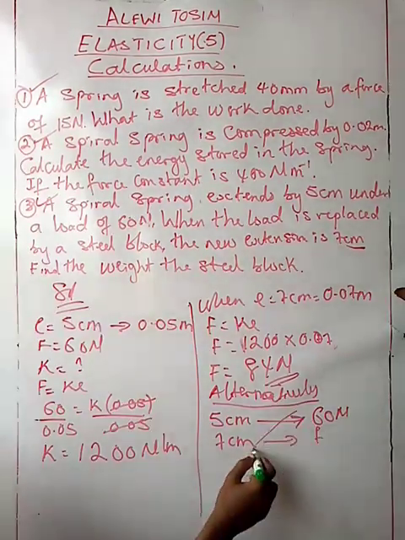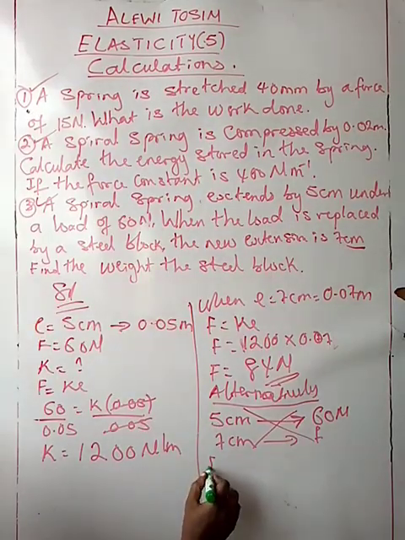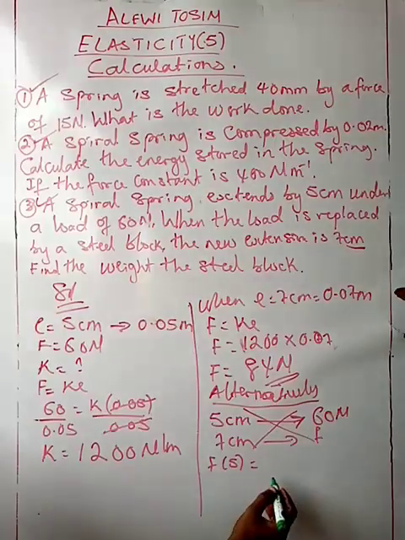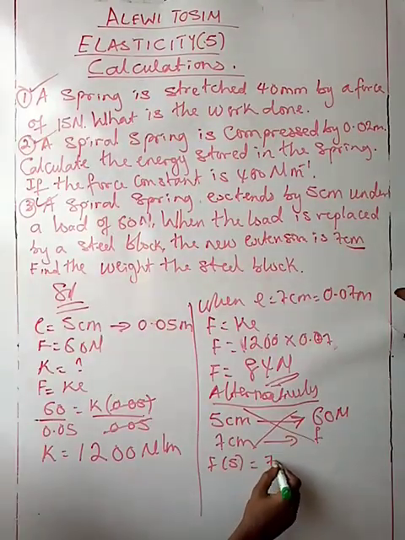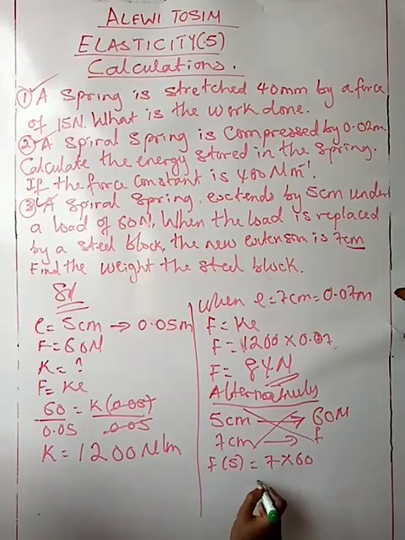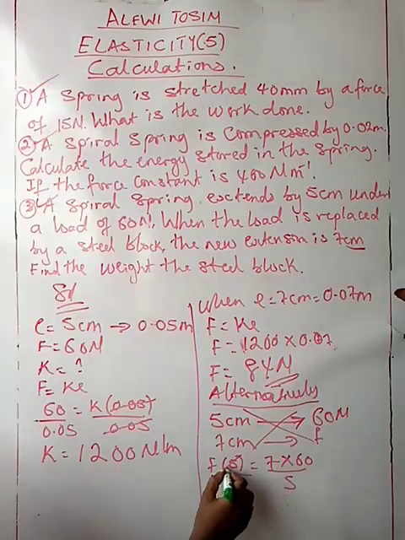From proportionality, we just cross multiply, so that it will be 5 times F equals 7 times 60. So we divide by 5. This cancels this.